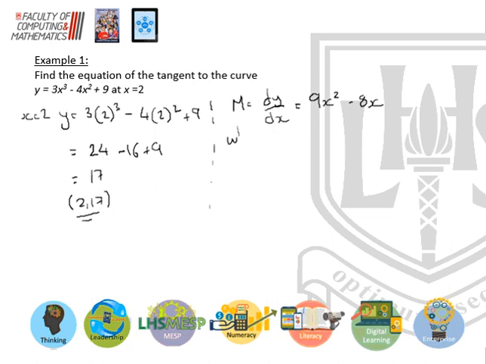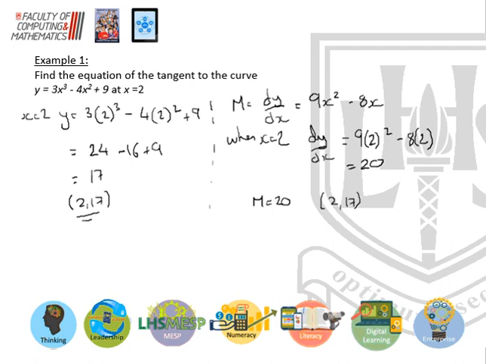We want to know it when x is equal to 2. So when x is equal to 2, dy by dx is equal to 9 lots of 2 squared minus 8 2's. So 2 squared is 4 times 9 is 36, take away 16 is 20. So my gradient is 20, and my point is (2, 17).